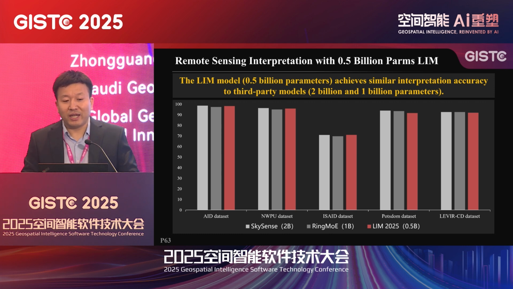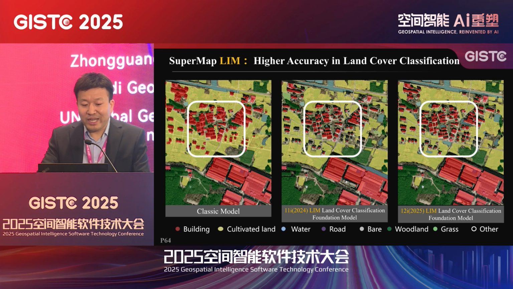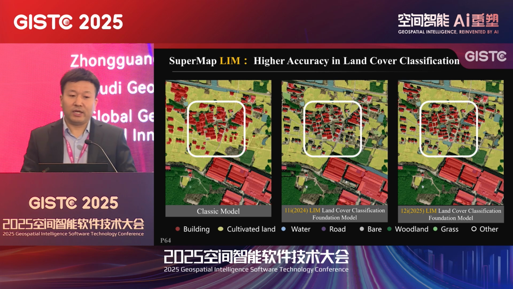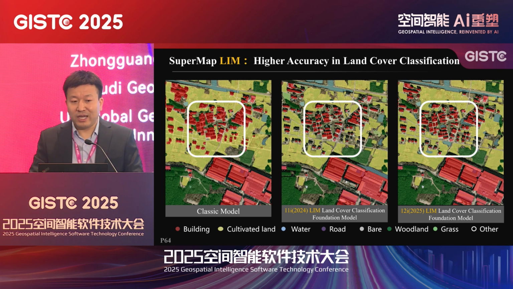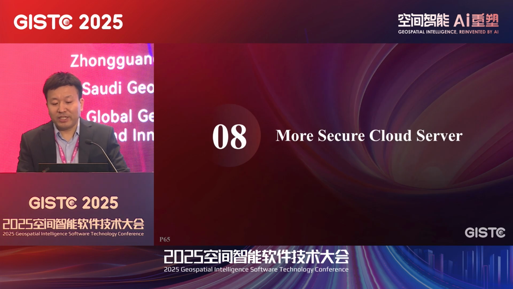Compared to the 2 billion and 1 billion parameter models, the accuracy is similar. And from this slide, we can see that with the improvement of the large imagery model, the detection accuracy improved very fast.